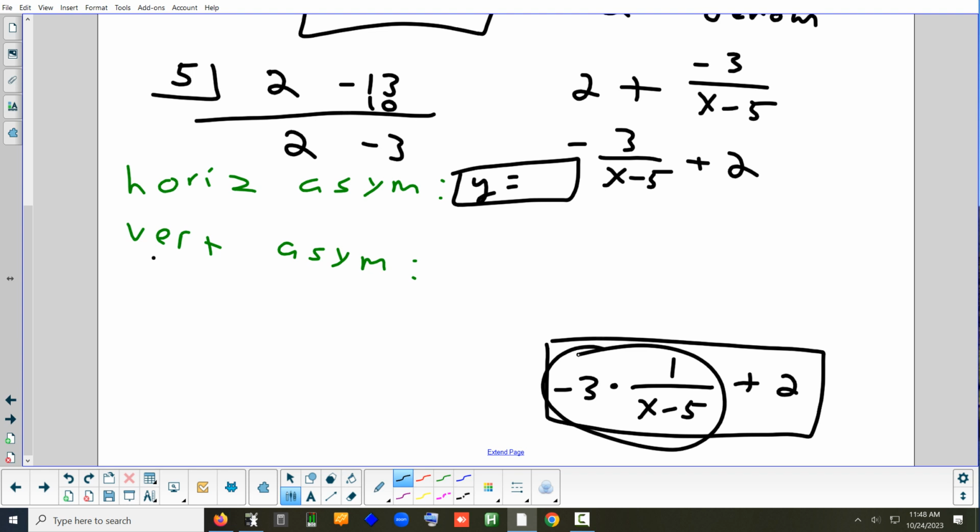If x was 1 billion, you'd have 1 divided by a number a little less than 1 billion. That's almost 0. Times -3 is still almost 0. So your horizontal asymptote is basically just controlled by that last number. And then how about the vertical? 5. Yep.